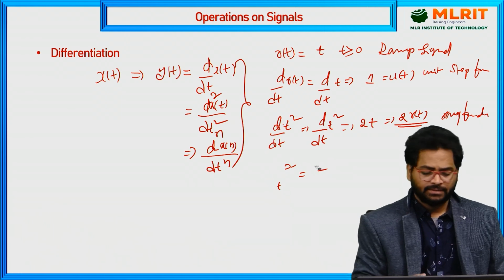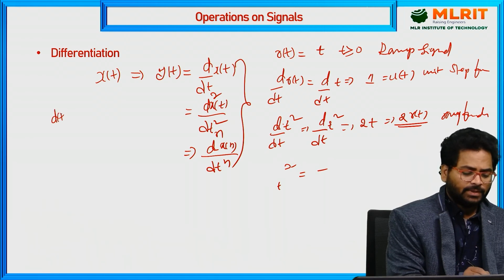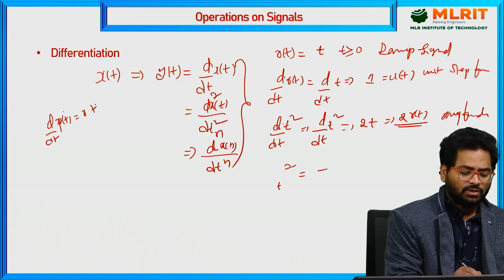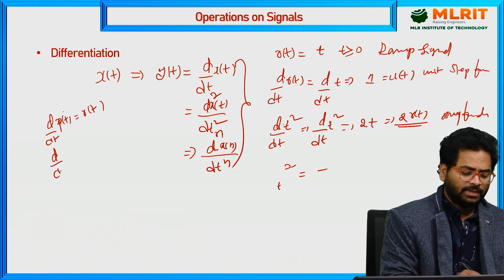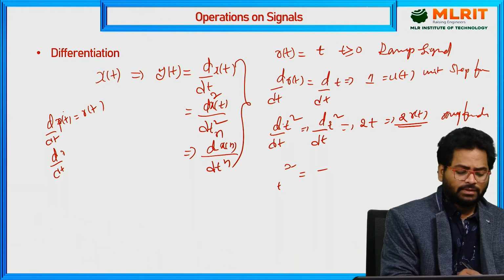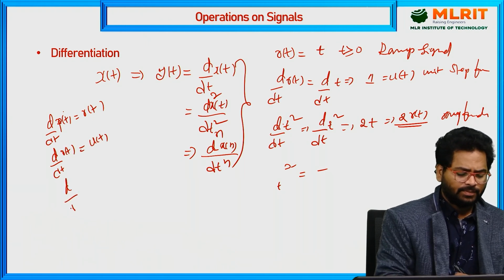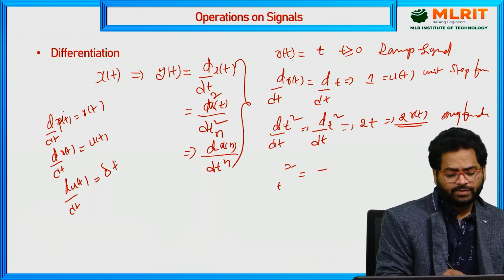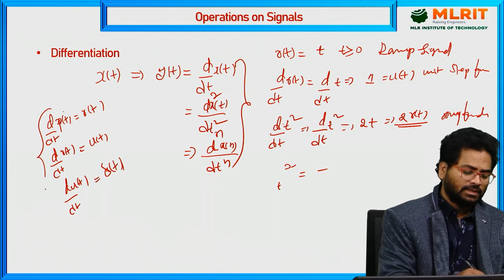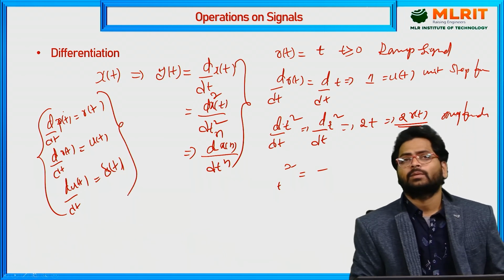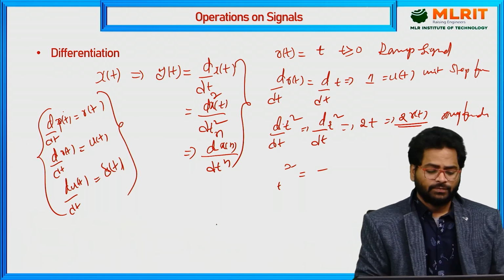I'll write here: d by dt of p of t, the parabola, you will get r of t, and d by dt of r of t gives u of t, and again d by dt of u of t gives delta of t. These three are the most important things in signals and systems from a differentiation point of view.